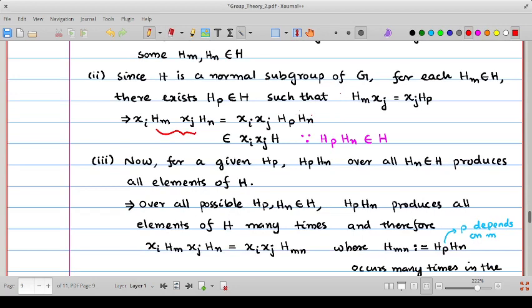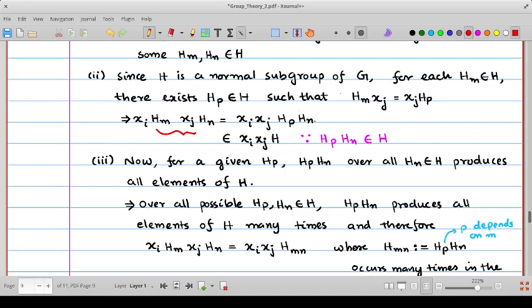So, if I consider all possible values of Hn here and Hm here, this quantity will keep producing elements of H only. And remember, in the coset product, we only need to keep terms that are distinct. So the elements of H keep on coming up, but we will only retain distinct elements.